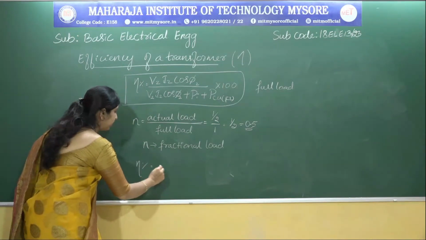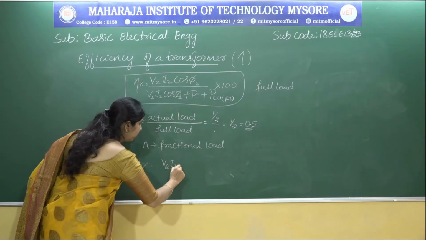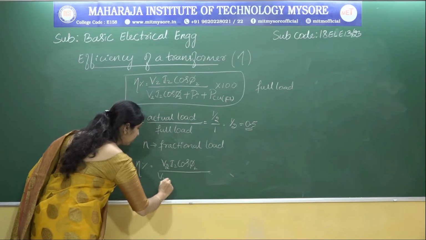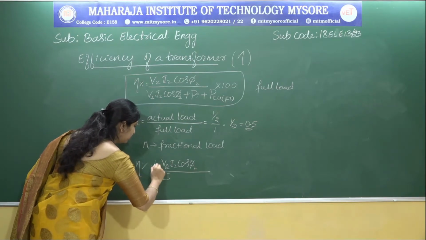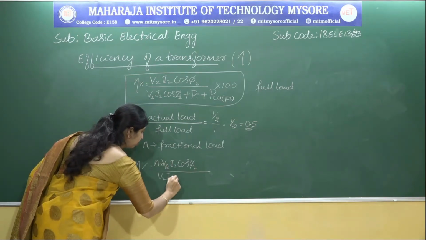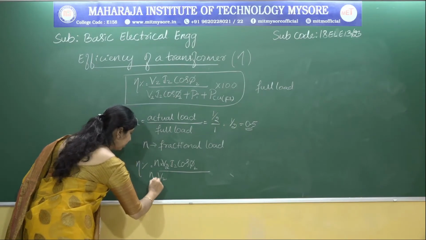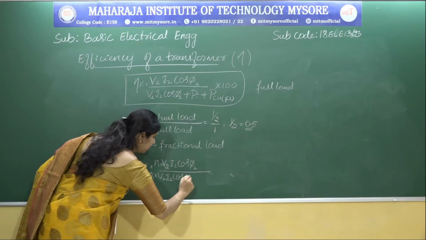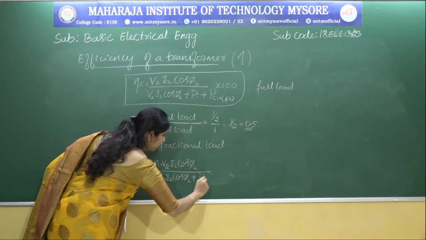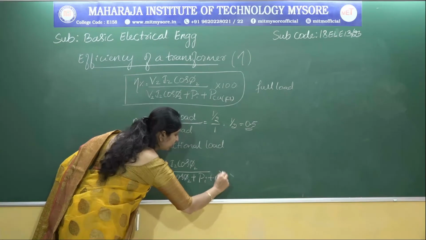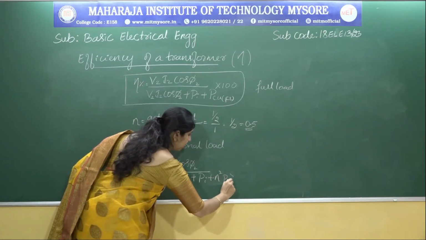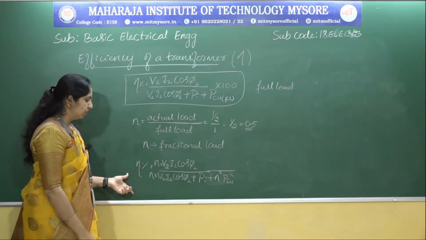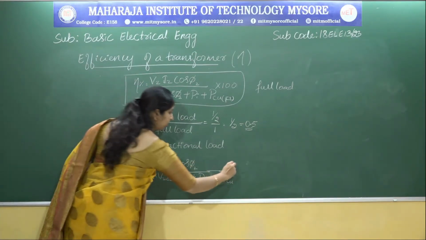Eta in terms of percentage is equal to n into V2 I2 cos phi 2, divided by n into V2 I2 cos phi 2 plus Pi plus n square into PCU. Look at this equation here.